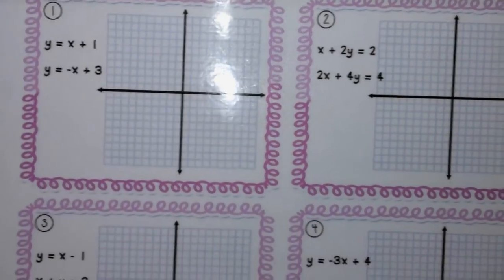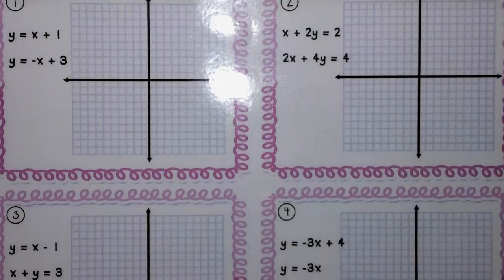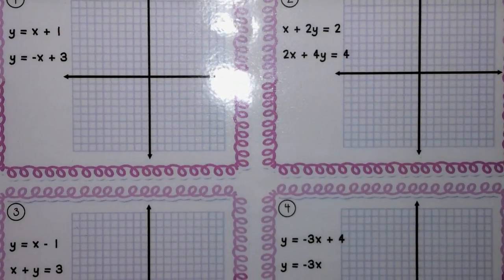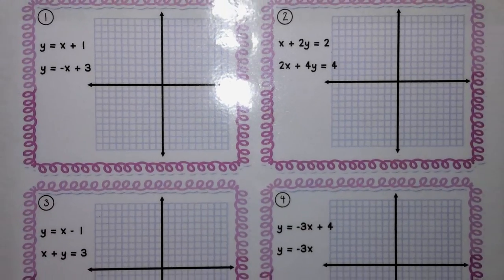Alright, so you're going to have 4 instead of 5. Here are the 4. I'm going to zoom out a little bit. That's a whole bunch. Write these on the back and then graph them.